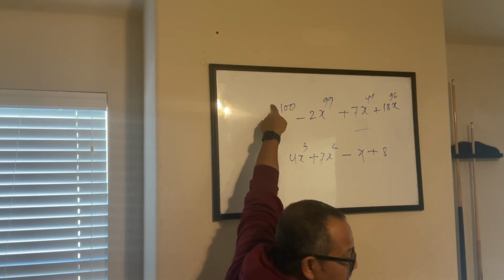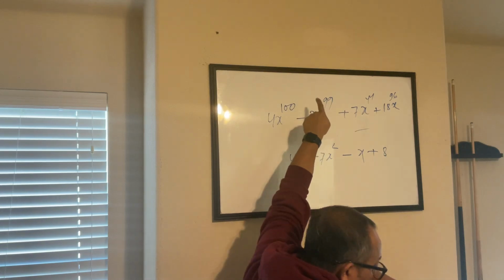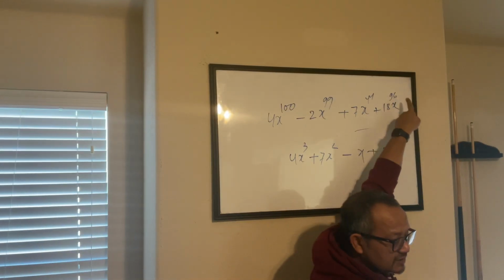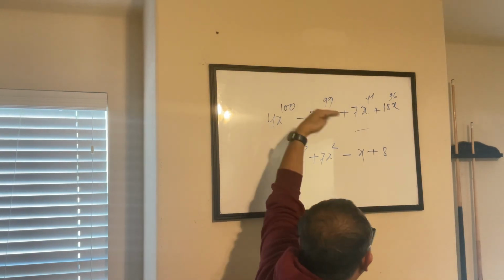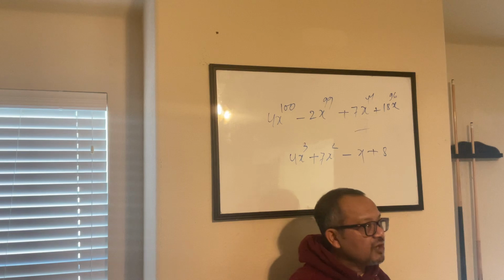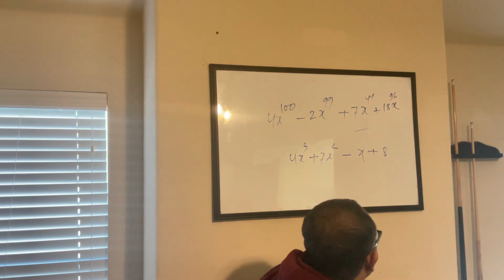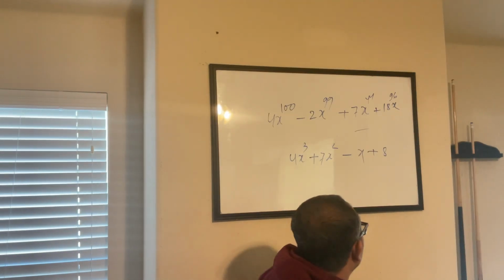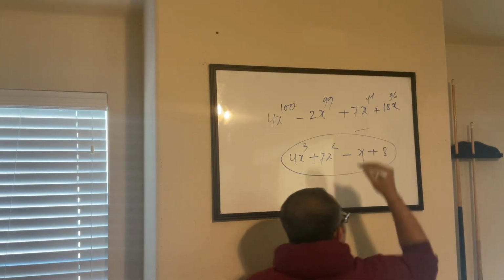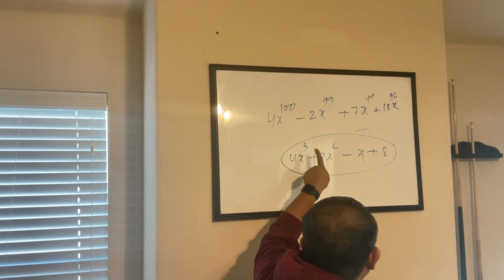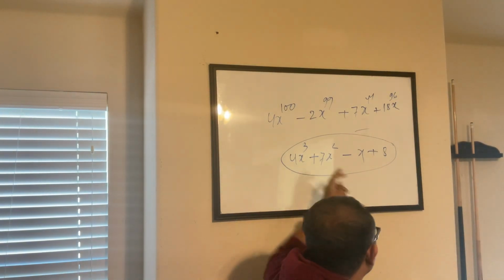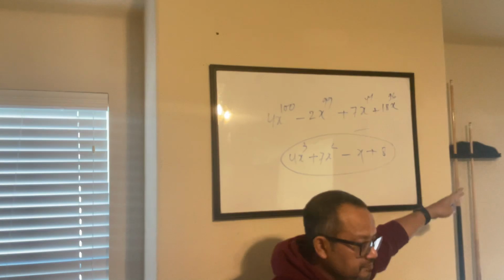The first one's degree is 100, 99, then went to 44, then again went to 96. So if the degrees of the terms are not in the descending order, that is a non-standard form. For any polynomial to be in a standard form, it has to have the degrees of the terms in the descending order when you read from left to right. Okay.